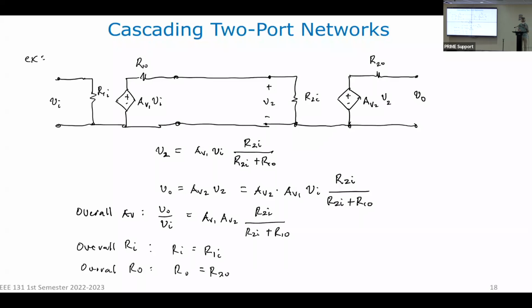So meaning to say, I now have a new two-port network. This is going to be my RI.